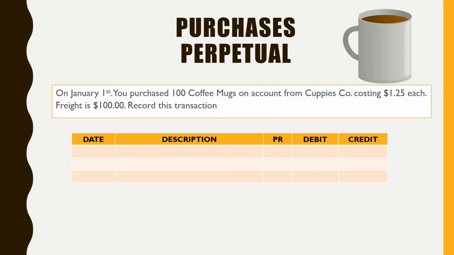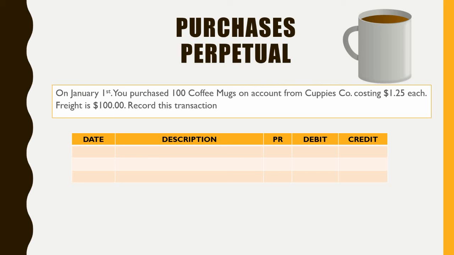So we're going to look at purchasing. You need to make a purchase before you can actually return items. On January 1st, you purchased 100 coffee mugs on account from Cuppies Co., costing you $1.25 each, with the freight costing you $100.